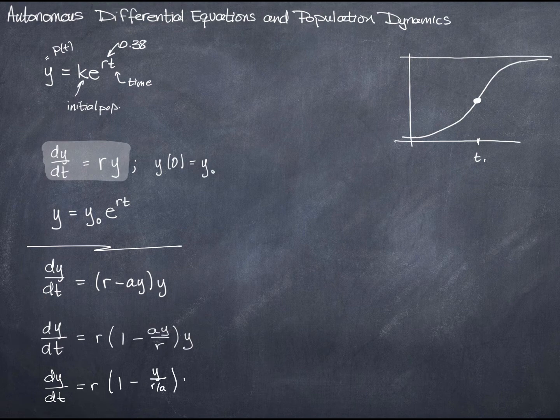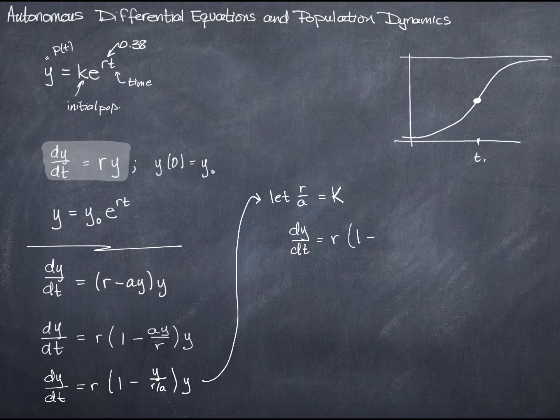Bear with me. Lastly, I'm going to let r over a be called K. And that gives me dy/dt = r times (1 minus y over K) times y.